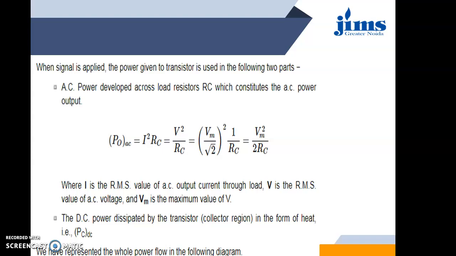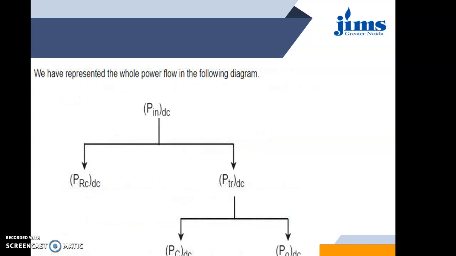So there is a heat power at the collector resistor given as PRC, and there is one more dissipated power in the form of heat within the transistor at the collector region called PC. If we consider all these powers, we have a chart showing the different powers. Firstly, the input DC power is divided into two parts, the power across the collector resistor and the power across the transistor. This power across the transistor is also divided into two parts: PC, the dissipated power in the collector, and then the output AC power, which is the useful power.